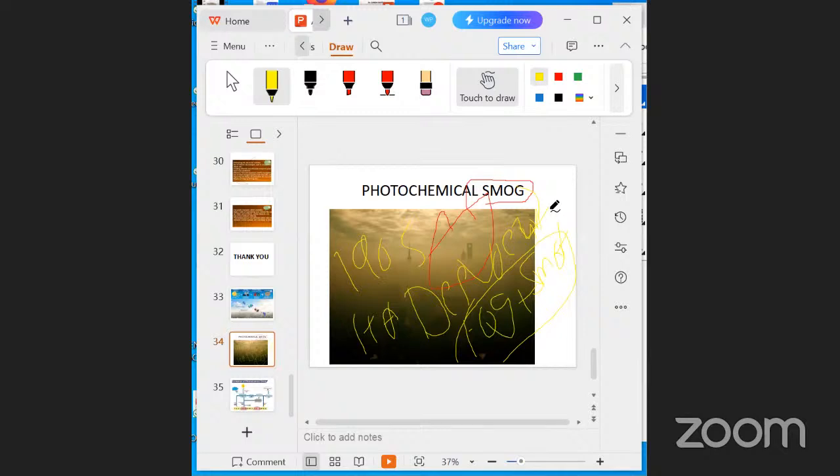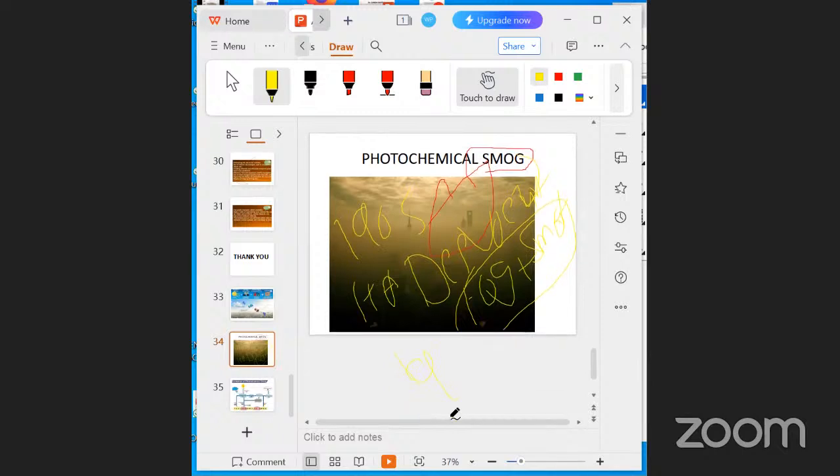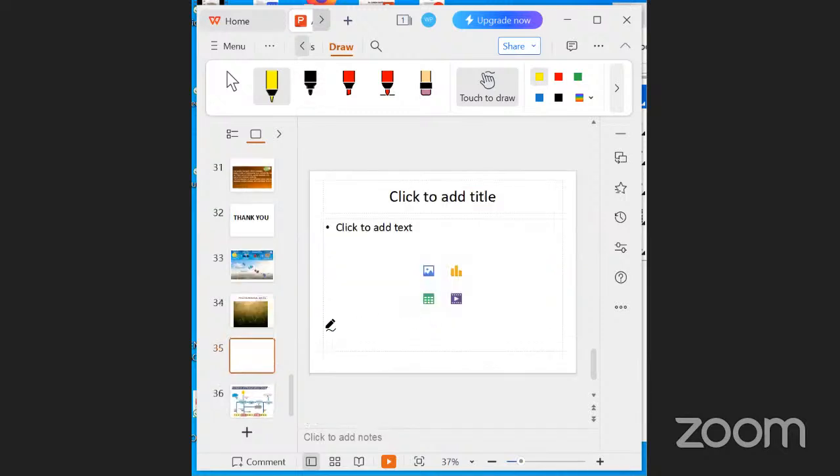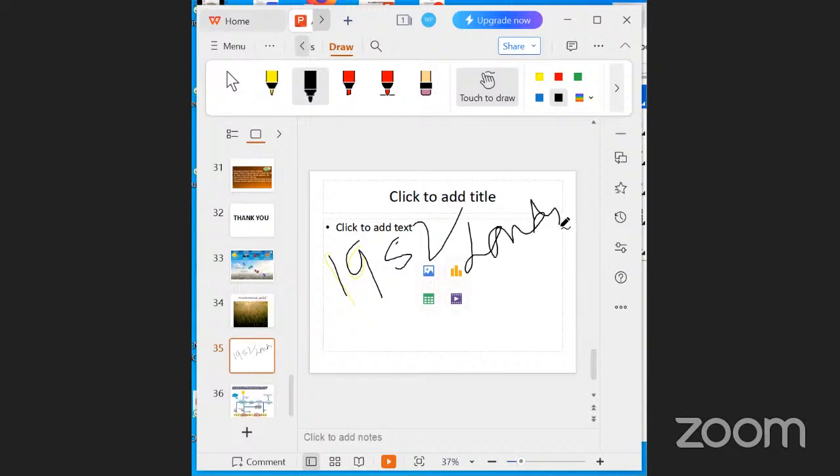This smog can be of two types: classical or sulfurous smog, and photochemical smog or industrial smog. The great smog of 1952 in London is an example of sulfurous smog, and it's also called London smog.